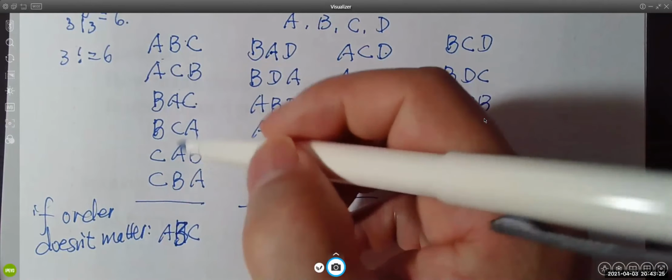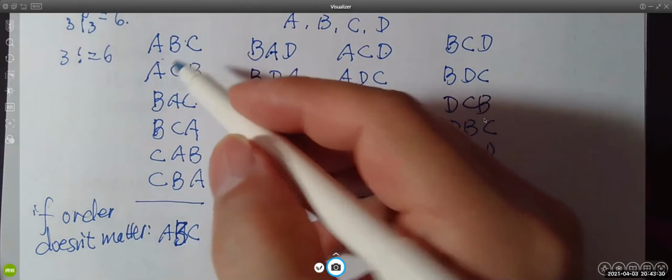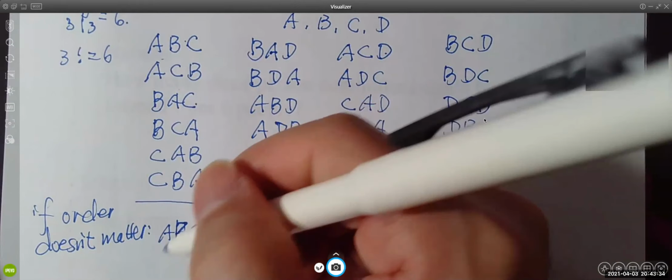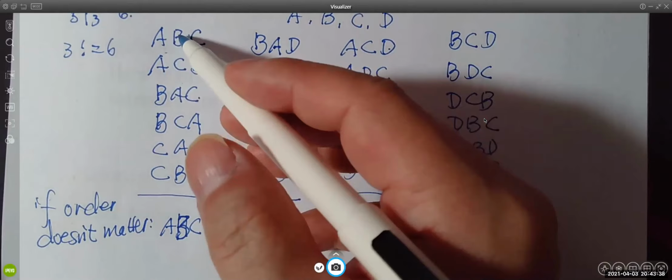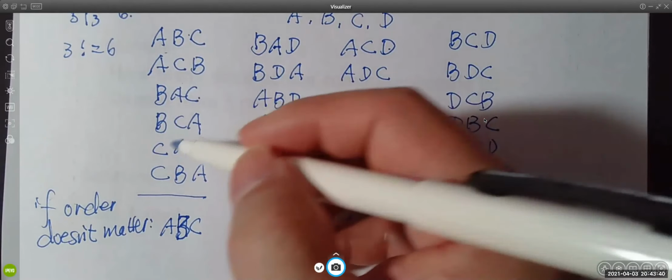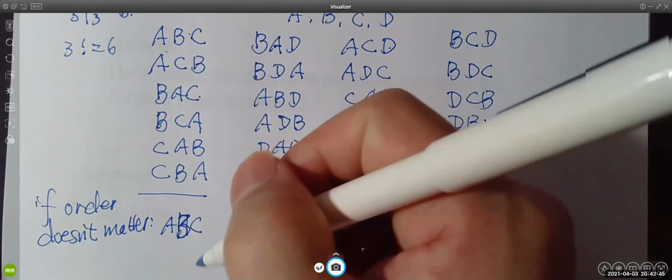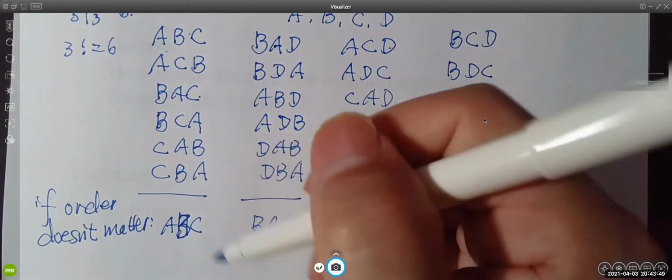That means each column is going to have 24. Order matters for 4 letters. What if order doesn't matter? That 24 also becomes 1. So in other words, when order doesn't matter, no matter how many different ways you arrange the selected ones, that column always becomes 1 outcome, because one order makes no difference. That's the same letters. So it always becomes 1.